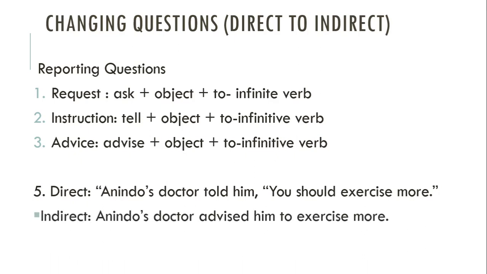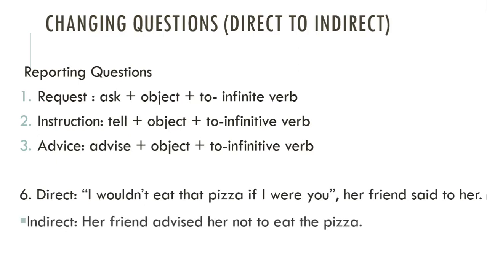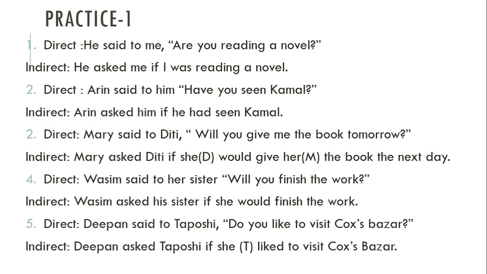Onindo's doctor advised him to exercise more. "I wouldn't eat that pizza if I were you," her friend said to her. So we will say, her friend said to her or advised her not to eat the pizza. Okay.